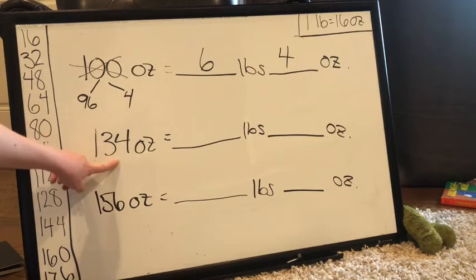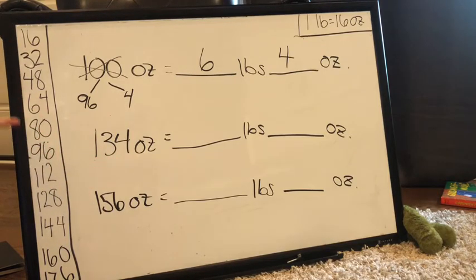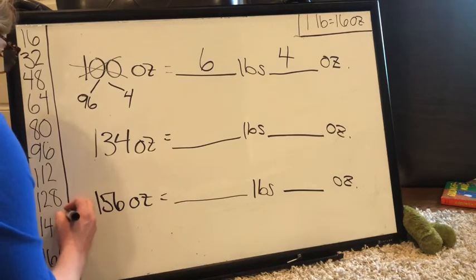Okay, so 134. Let's see how close we can get to 134 without going over. Here we go. 16, 32, 48, 64, 80, 96, 112, 128, 144, 160. We went too far. Okay, so we are at 144.